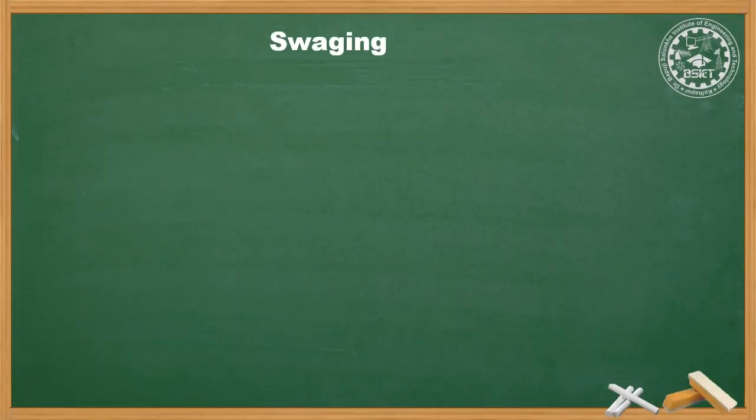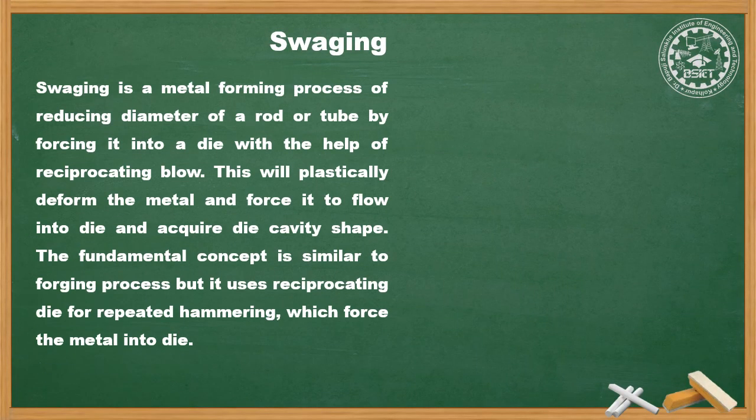Next process is swaging. Swaging is a metal forming process of reducing the diameter of a rod or tube by forcing it into a die with the help of a reciprocating blow. This will plastically deform the metal and force it to flow into the die and acquire the shape of the die cavity.